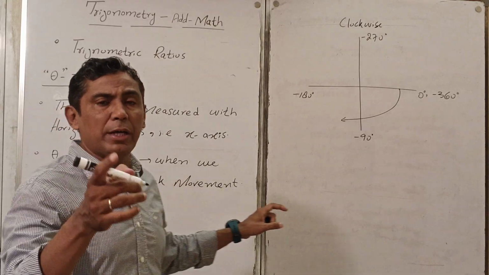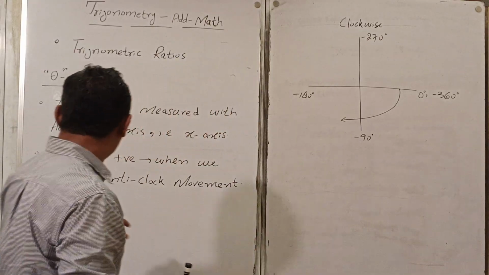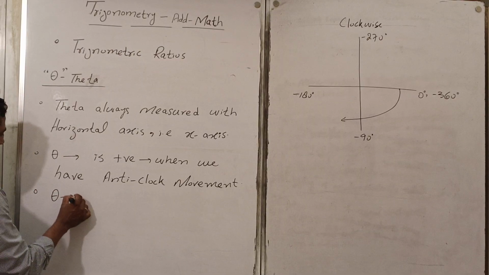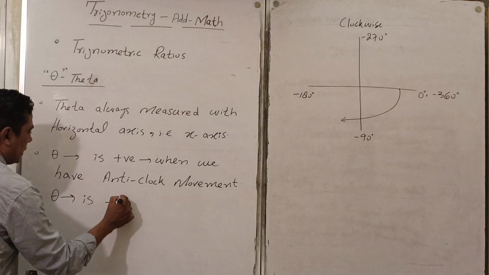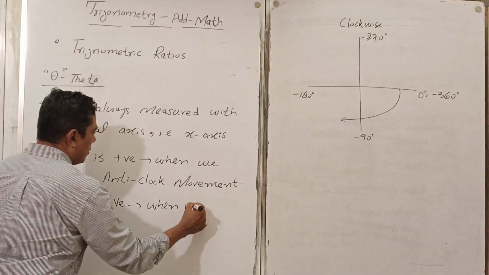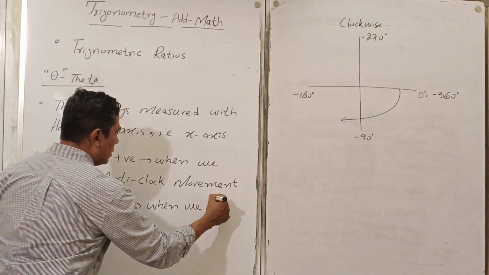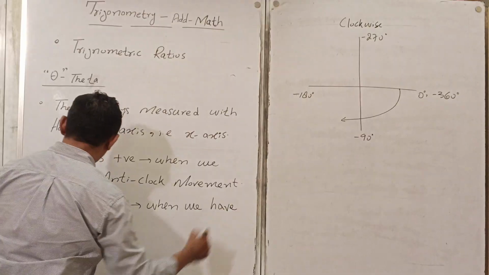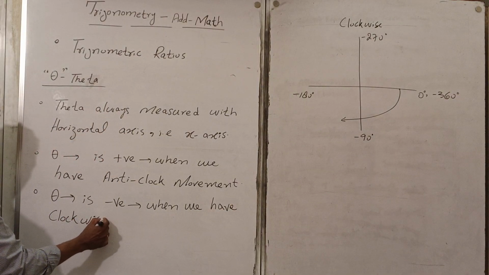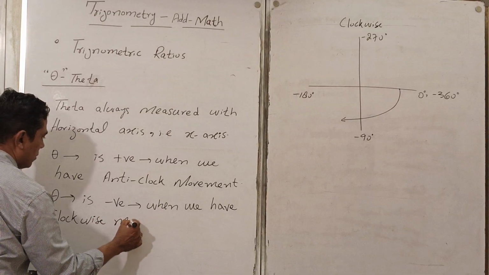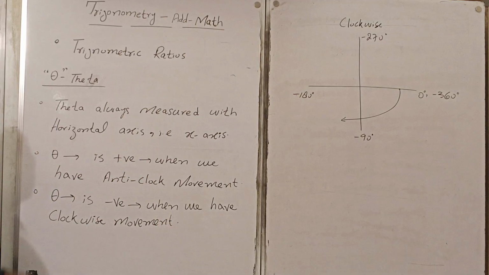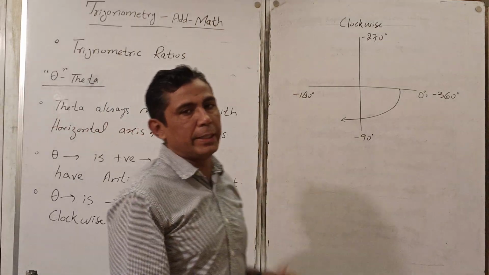Theta is positive when you have anti-clockwise movement. Now theta is negative when we have clockwise movement. So these are some properties of theta.